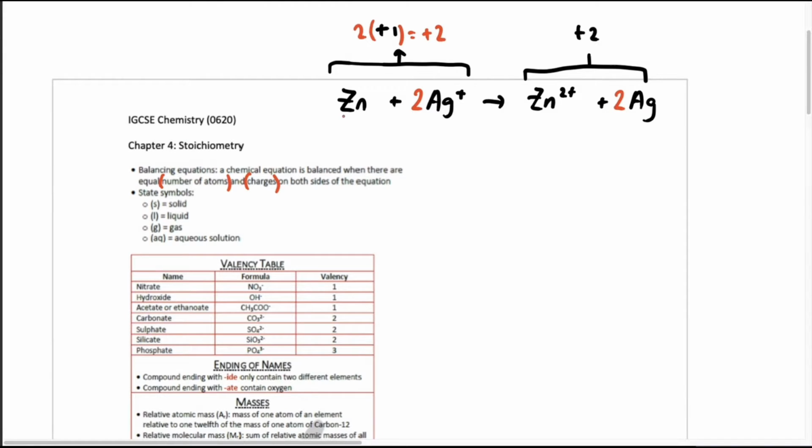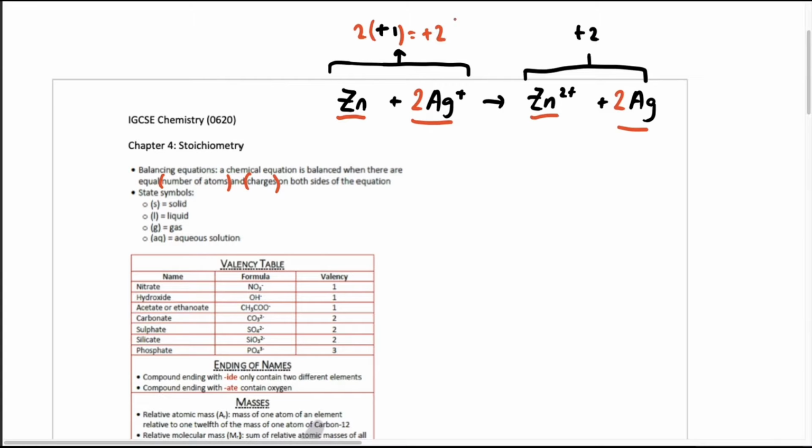Okay. Yeah, so you see one zinc and one zinc balance. Okay, so 2 silver and 2 silver balance. How about the charge? 2 times +1, +2. +2.